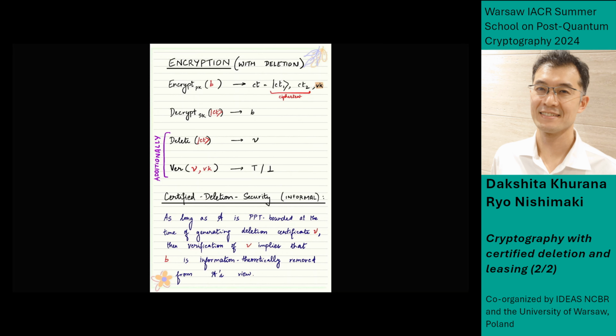It would be sufficient to say that B is computationally removed from A's view. I'm saying it's very nice if we can achieve the stronger property of information theoretic security, but computational would suffice.